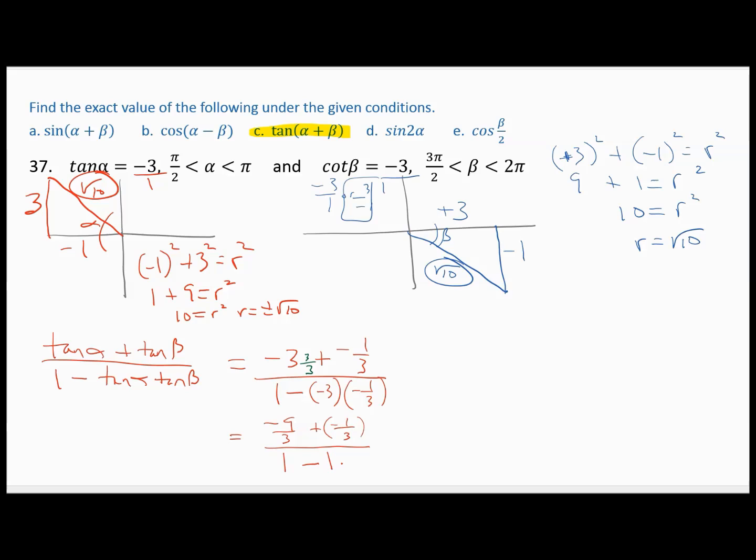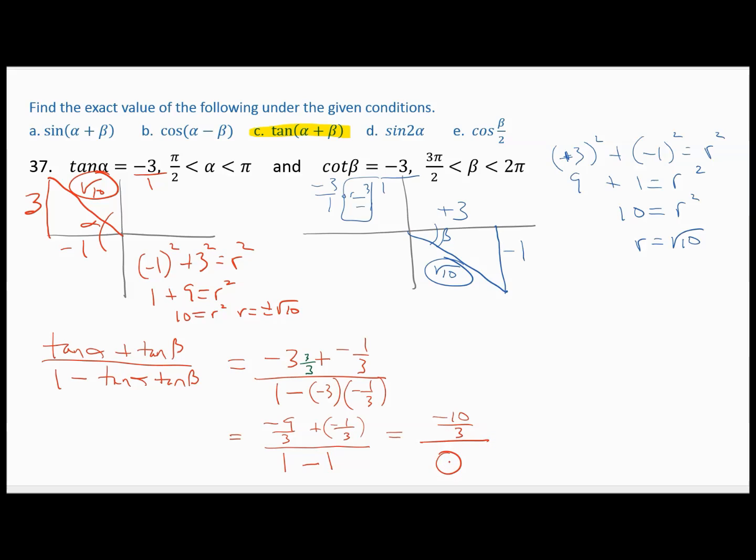Really? So 2 negatives, I've still got a negative, and the 3's cancel. Okay, so that's a little bit of a problem, don't we think? So that continues on to give me negative 10 over 3 divided by 0.